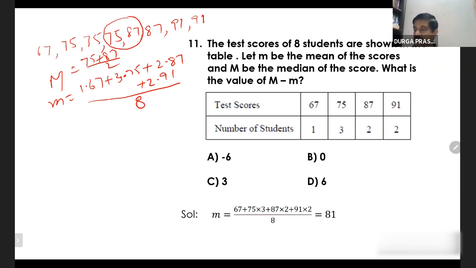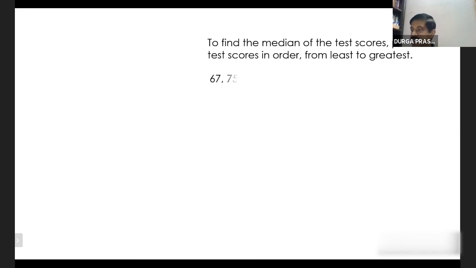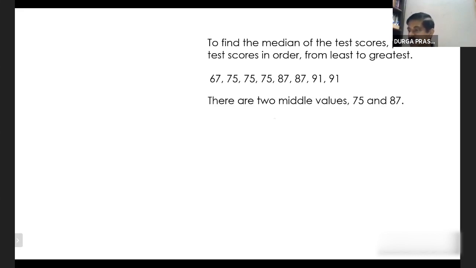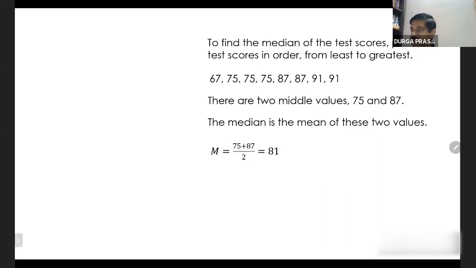So you are getting this as 81. And the median capital M, when you arrange, it is 75, 87, the middlemost value of those two, which is again 81. So capital M minus small m is 81 minus 81, that is 0.